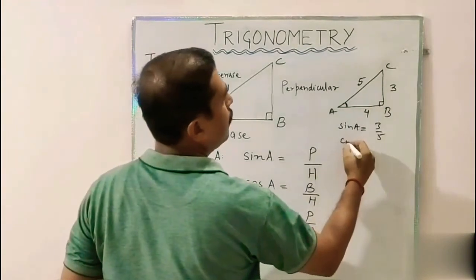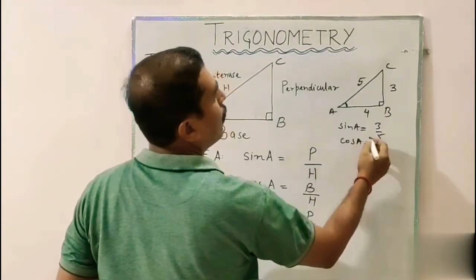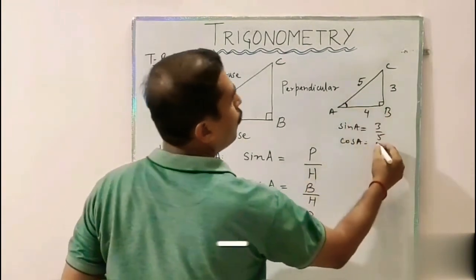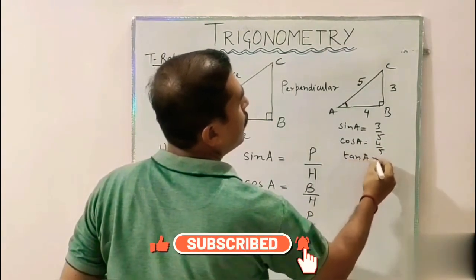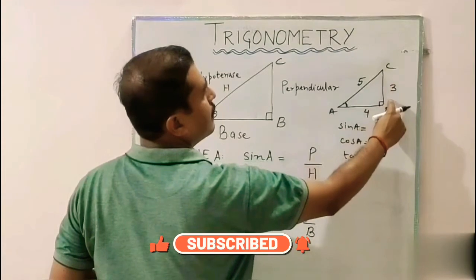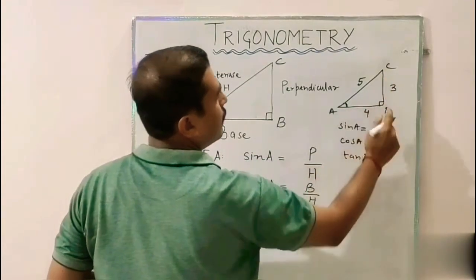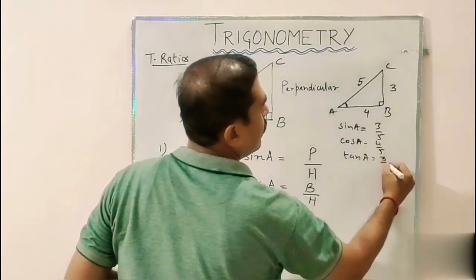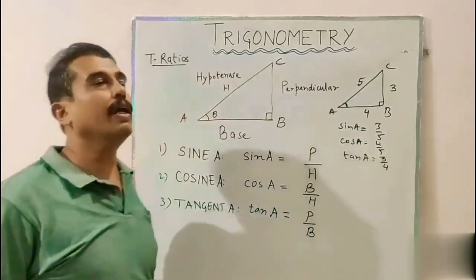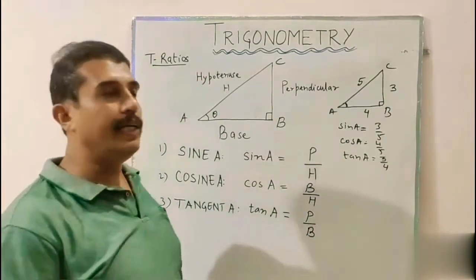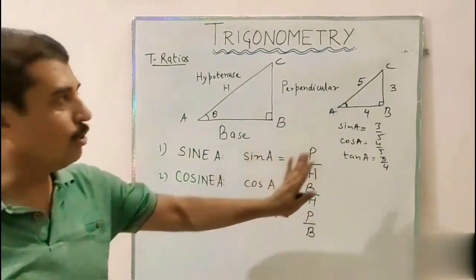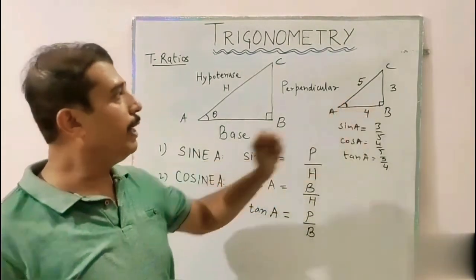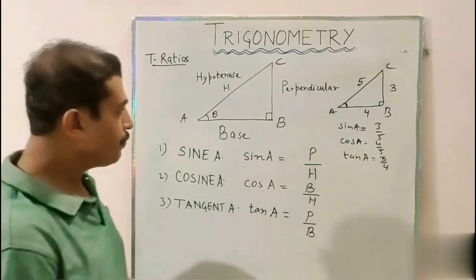The value of cos A will be 4 upon 5. The value of tan A, perpendicular upon base, will be 3 upon 4. In this way we can find the various T ratios, meaning trigonometric ratios. So this is the example, and it will help you understand in a better way.